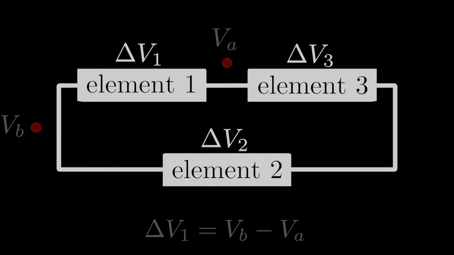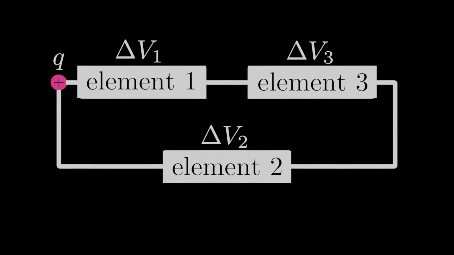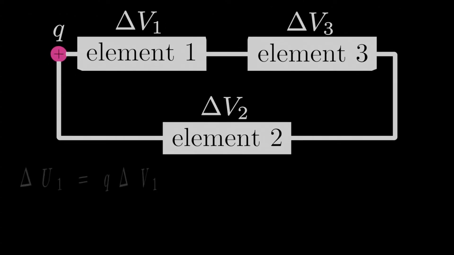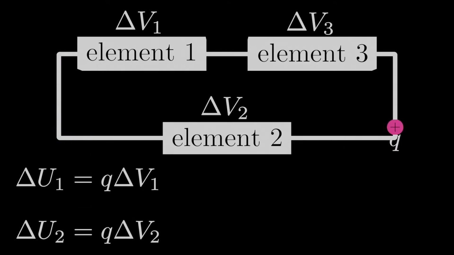That's all. Now imagine if we have some small charge Q that starts at some point. If the charge moves through element 1, what is the change in energy that the charge experiences? The change in electric potential energy that the charge experiences is just Q times delta V1, the potential difference it travels through. And we have a similar expression if we move through the other two elements as well.